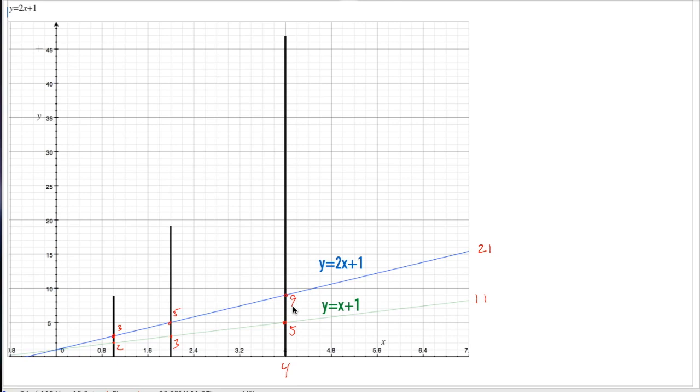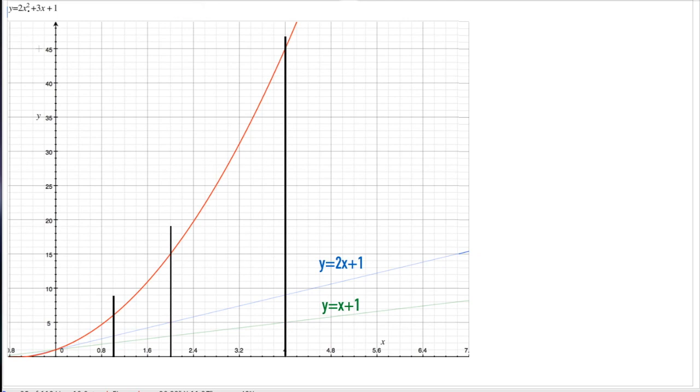Now take a look at what happens when we multiply these two. 2 times 3 is 6, so we can draw a point right there. 3 times 5 is 15, we can put a point right there. And 5 times 9 is 45, so we can put a point right there. It turns out that if you draw the polynomial 2x squared plus 3x plus 1, it hits exactly those points. And 231 happens to be 21 times 11.